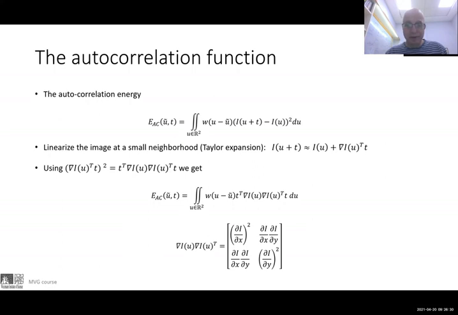What can you tell me about this matrix? Anybody wants to say? Can you immediately spot any property of this matrix? It's symmetric. Symmetric, that's immediate. Okay. Anything else?